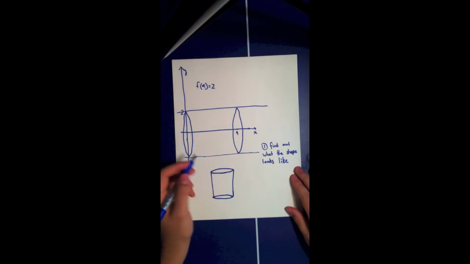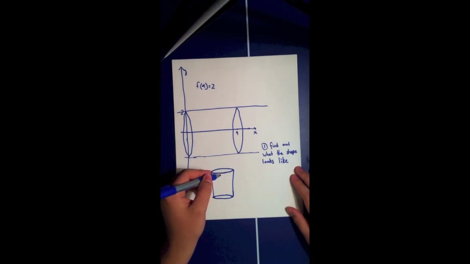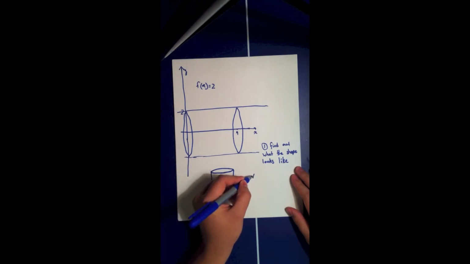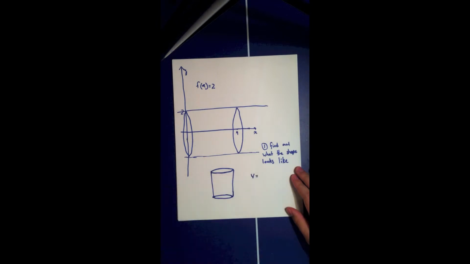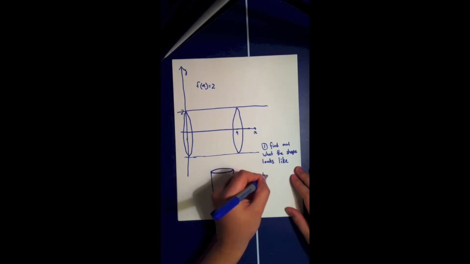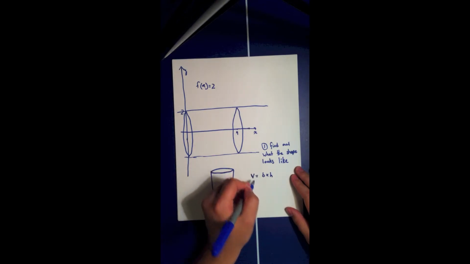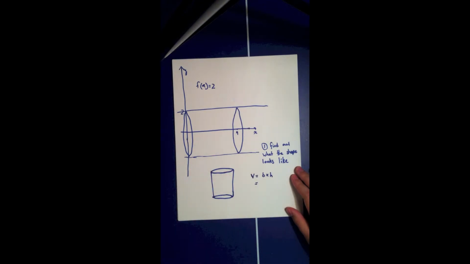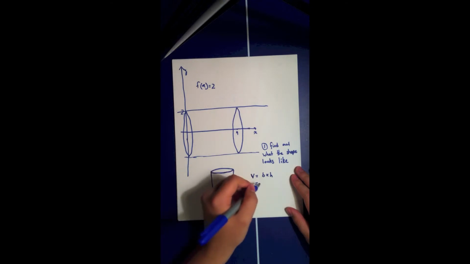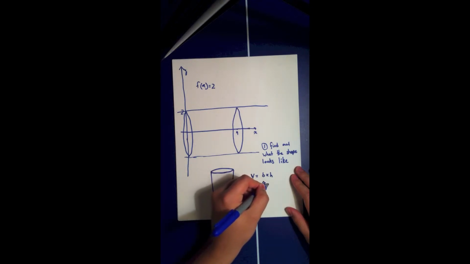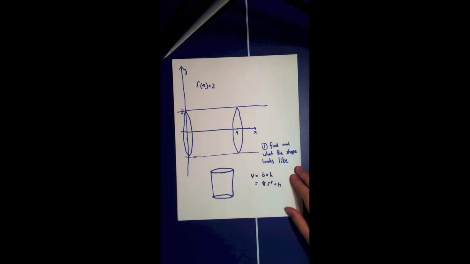So we know, just from basic geometry, that the volume of a cylinder is equal to the base times the height. Okay? And that's also equivalent. We know the base is a circle, so that's pi times the radius squared times the height. Okay?